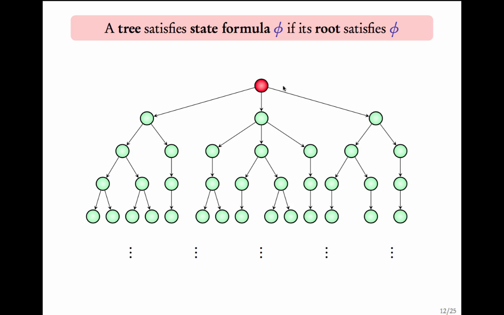We say that a tree satisfies state formula phi if its root satisfies phi. So this tree satisfies, say, AF P1 if from every path starting from the root F P1 is true.